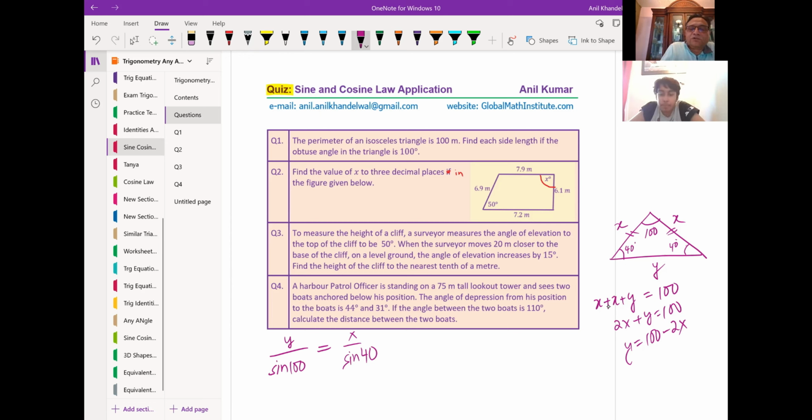So we'll write this as 100 minus 2x over sine 100 equals x over sine 40. Is it clear to you? So find the value. What is 1 over sine 100?